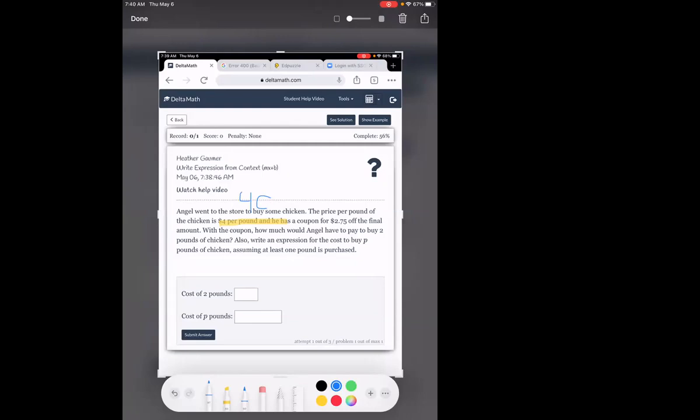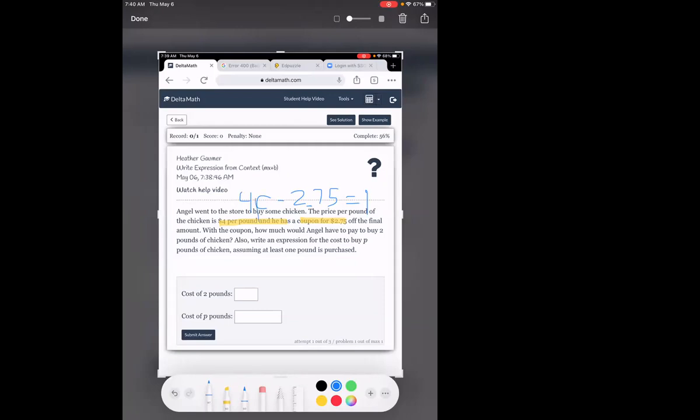But then he has a coupon for $2.75 off. So you can see that here. So that's going to be minus $2.75. You want to deduct that from your final cost. And then that's going to be P pounds of chicken. Cost to buy P pounds of chicken.